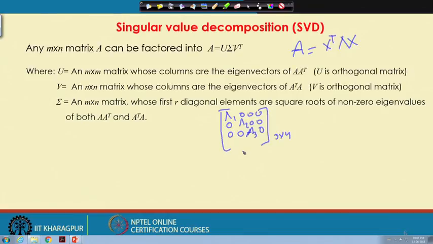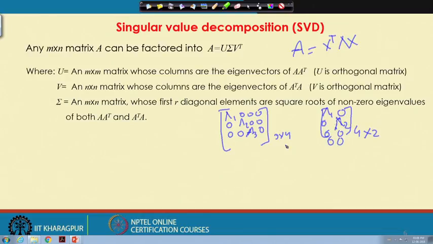So, depending on that, sigma will have non-zero diagonal terms. For example, if A is 4 into 2, sigma will also be 4 into 2. So, this will be lambda 1 0, 0 lambda 2, 0 0, 0 0.